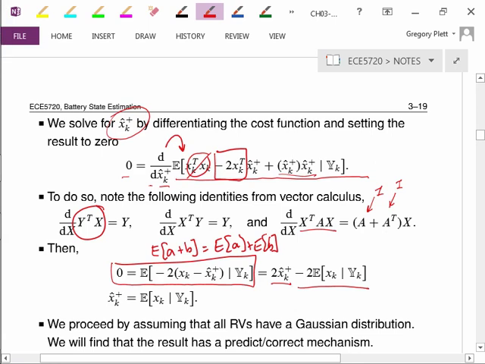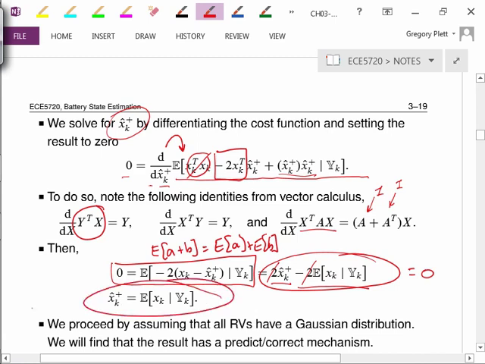It's not a random variable. It's basically a constant in terms of the operations that we're doing. And so the expected value of a constant is itself, so it just comes outside of this operation. So I have all of this equals 0. Divide both sides by 2, and I get x hat plus equals the expected value of xk given yk.